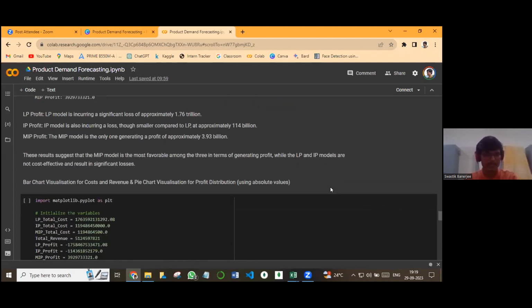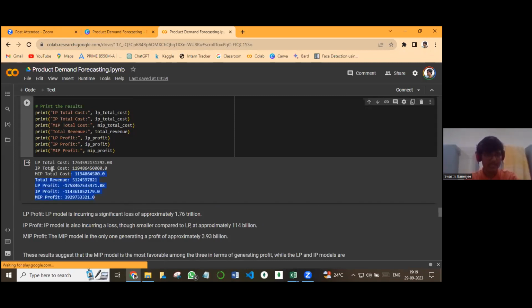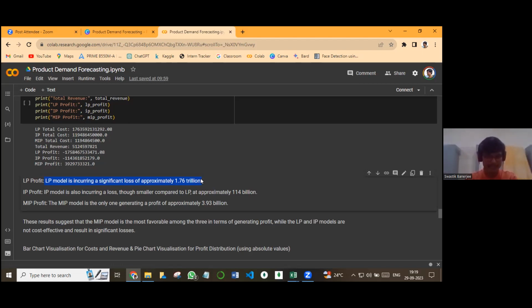Okay, so what I did is I calculated the total cost for LP, IP, MIP, profit, cost, and revenue. As you can see, the LP model is incurring a significant loss of approximately 1.76 billion. The value is really large here because we have considered more than 1 lakh records, so it's expected to be in billions or trillions in magnitude.